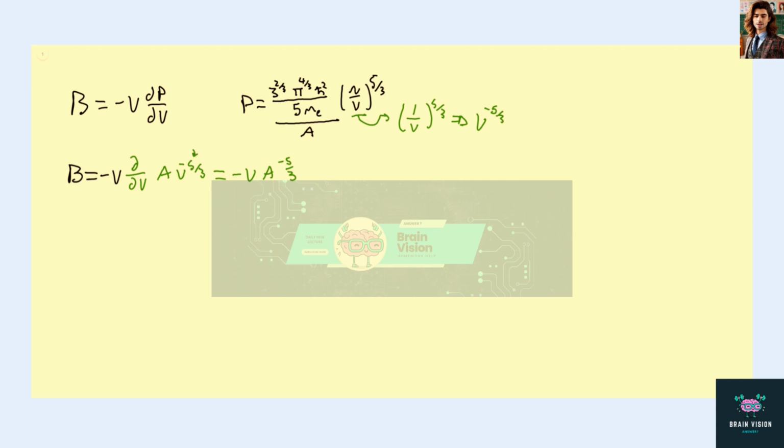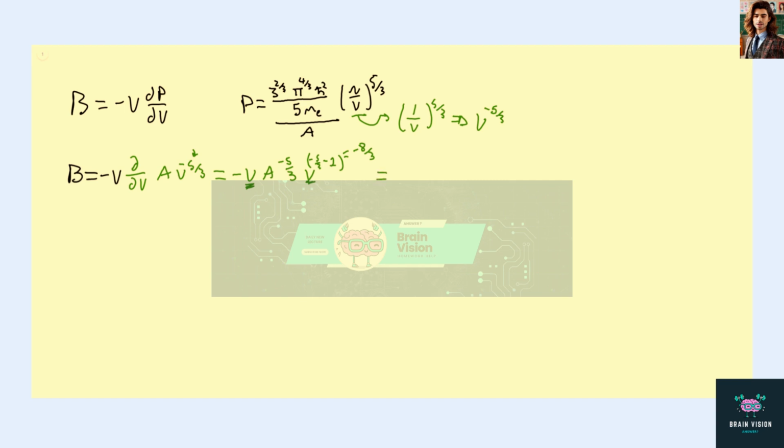And then you get v to the minus 5/3 minus 1, which is just minus 8/3, but it doesn't matter because this v multiplied by this v adds 1 to it.